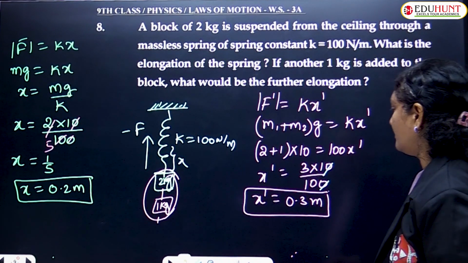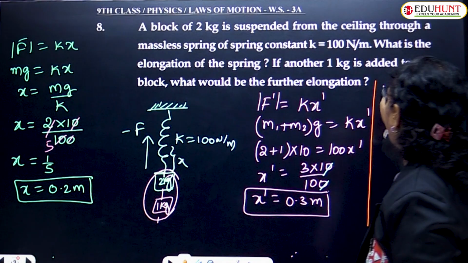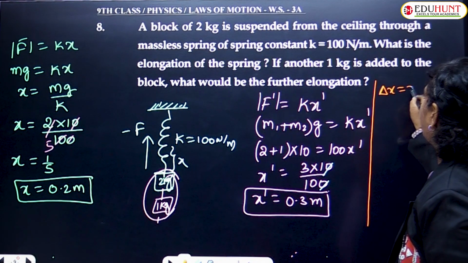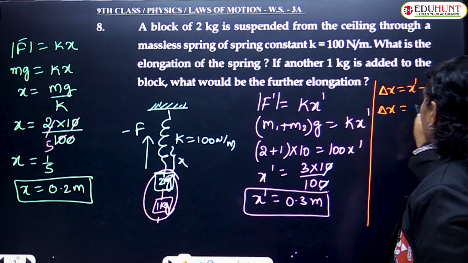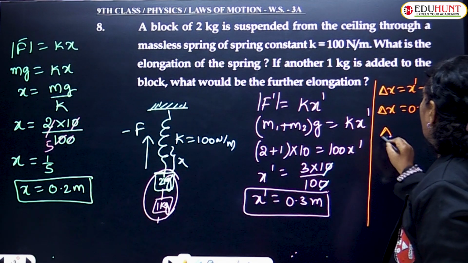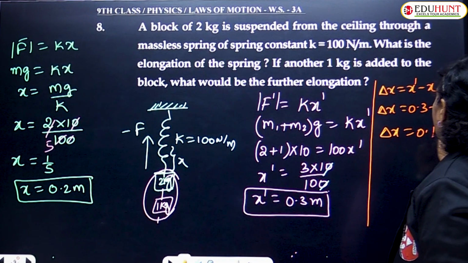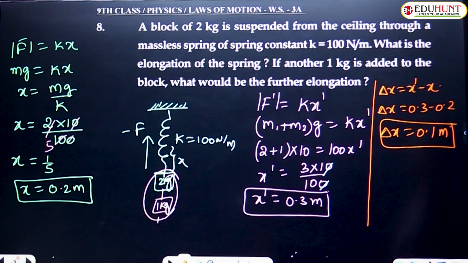If you are asked to find the extra elongation, it is nothing but delta x. Delta x is nothing but x dash minus x. So it is 0.3 minus 0.2, or it is extended further by 0.1 meter, and this must be your answer.